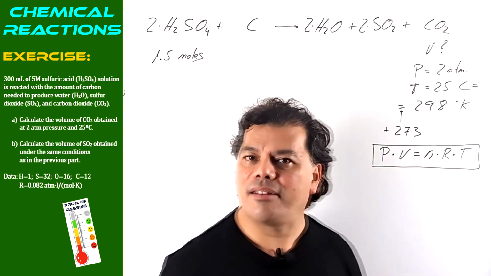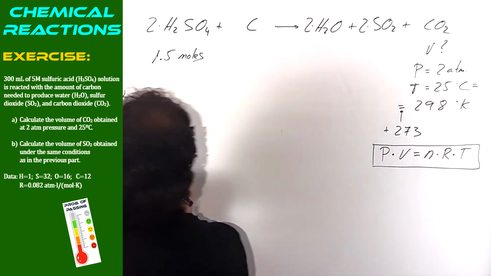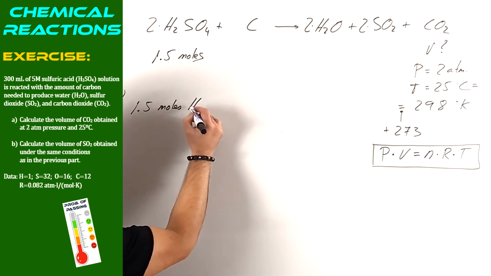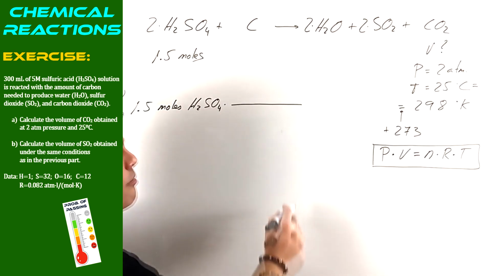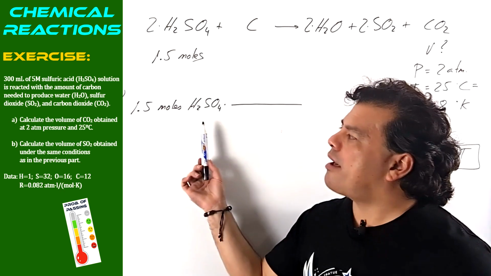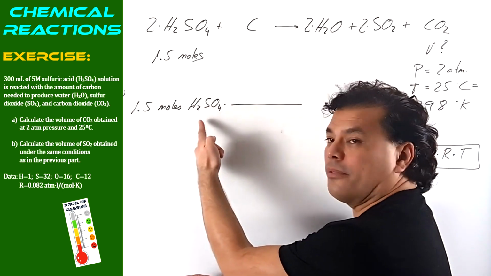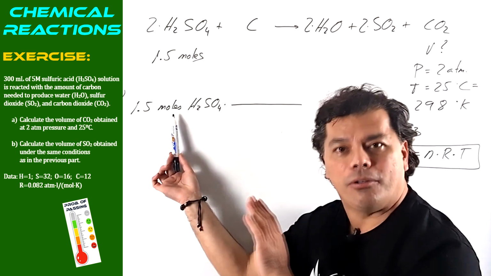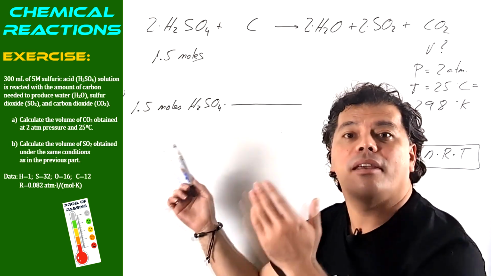So having said that, let's bring the conversion factors to do 1.5 moles of sulfuric acid. And can you remember that the first conversion factor helped us to move from grams of this substance into moles of this substance? But we have already this substance in the form of moles, so we are not injecting the first conversion factor, but the second.